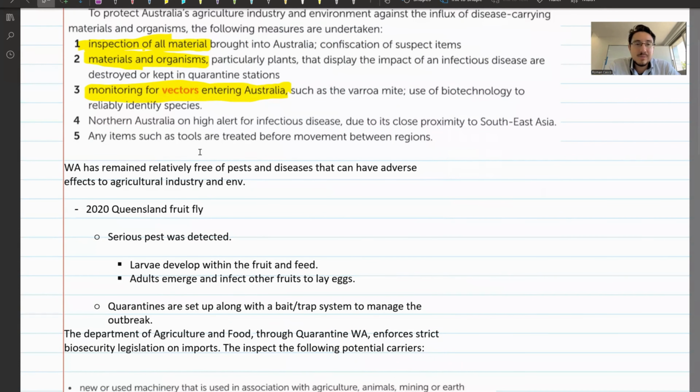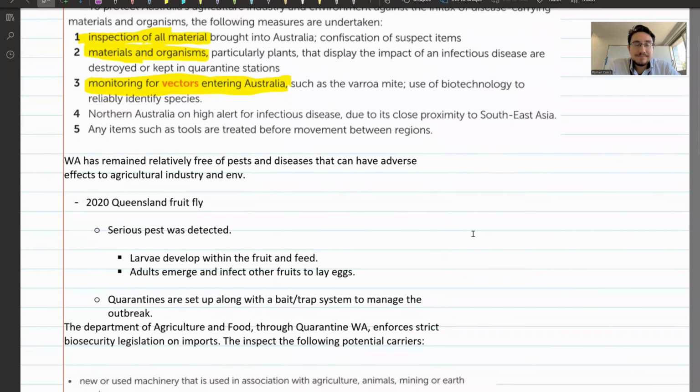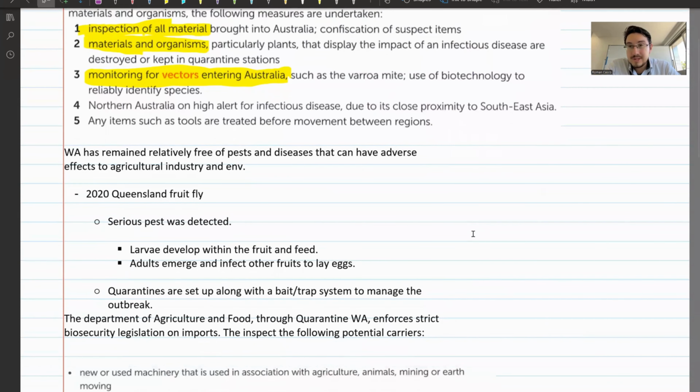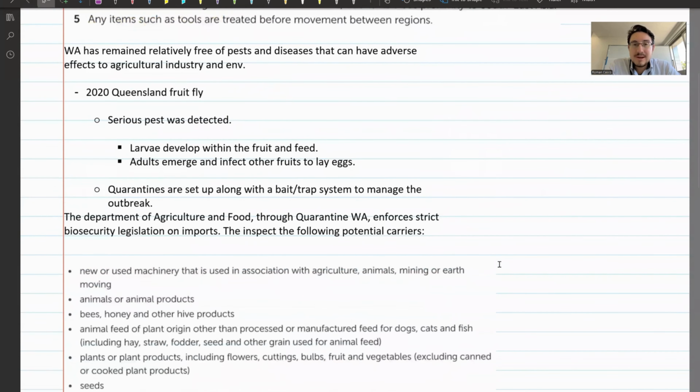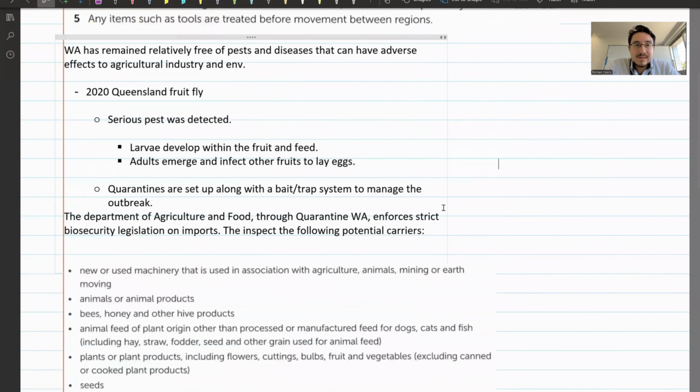Machinery coming in needs to be treated, sprayed with anti-infectious agents, right? Before they can actually come in, right? Especially agricultural tools. As you guys remember, even tires can infect and spread disease, right? So Western Australia has remained relatively free of pests, right? And disease, right?